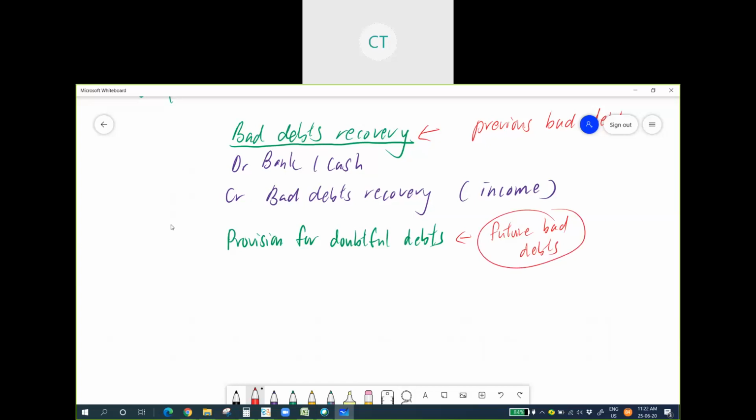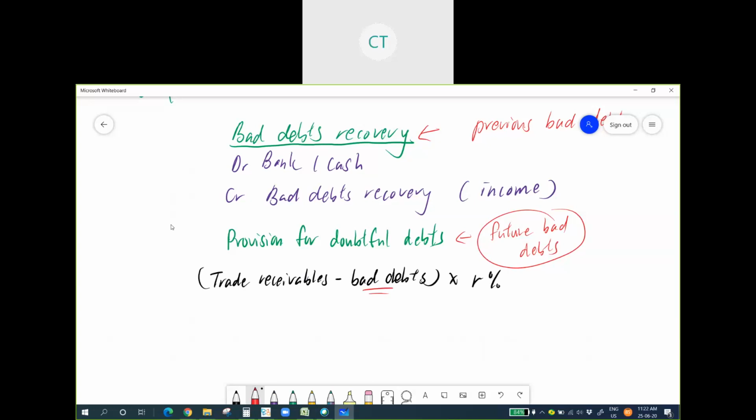So when we provide the provision for doubtful debts, we will apply a formula. So what is the formula? The formula is based on trade receivables minus all the bad debts, and then multiply with the rate of provision for doubtful debts. Here, why do we need to minus the bad debts? Because bad debts is a confirmed bad debt.